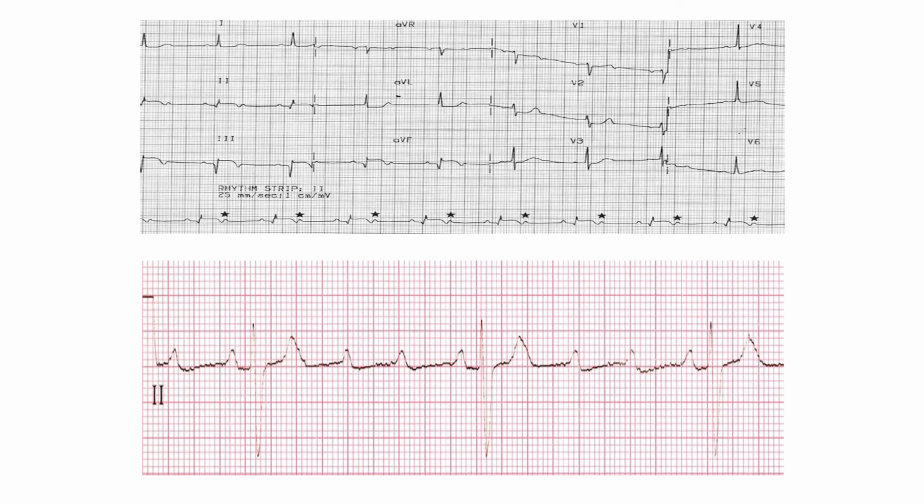This is the high degree, second degree AV block. It is not complete heart block, but it is difficult to ascertain from the surface ECG only. In the upper panel, there is evidence of ST elevation in II, III, aVF. It may be because of inferior wall MI.